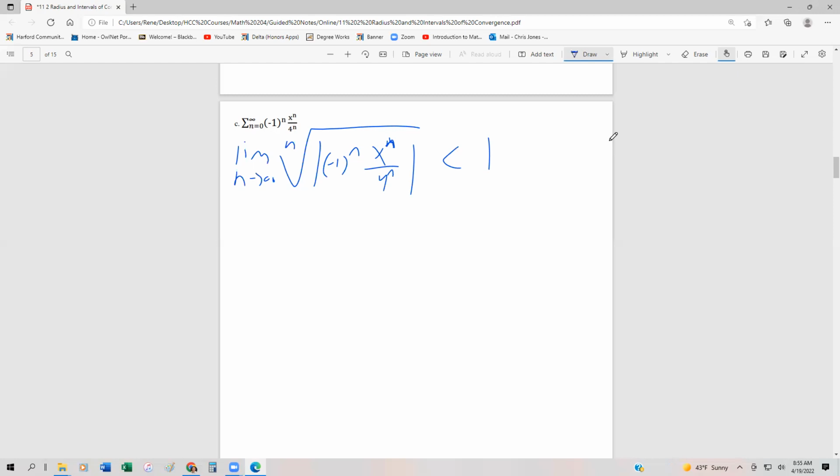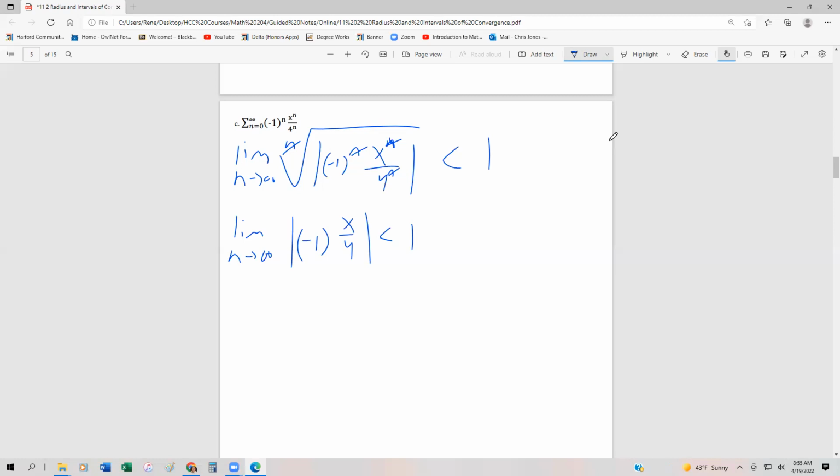All right, so now what we're going to do is we're going to apply the nth root to everything. So now we get the limit as n approaches infinity, and this n, this n, this n, this n, they're all going to cancel each other out. And we're going to have the absolute value of -1, x over 4 is less than 1.